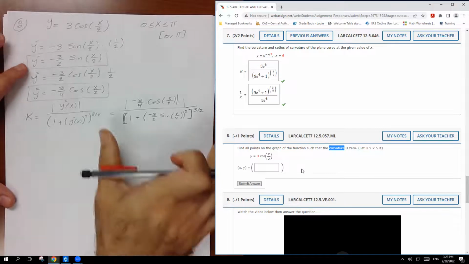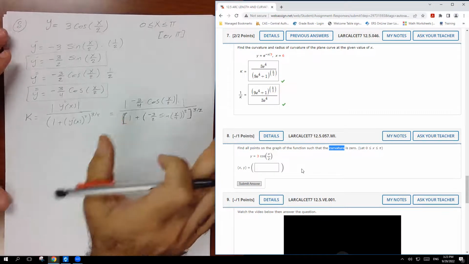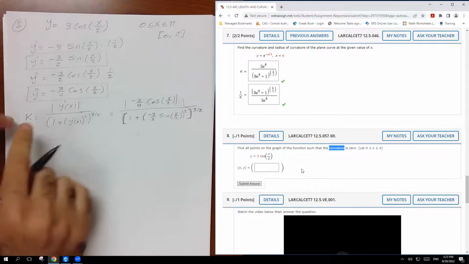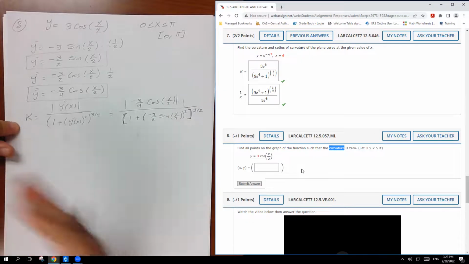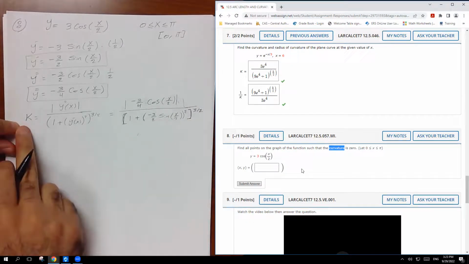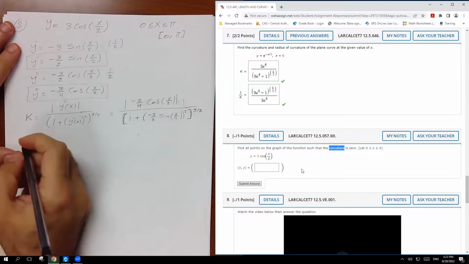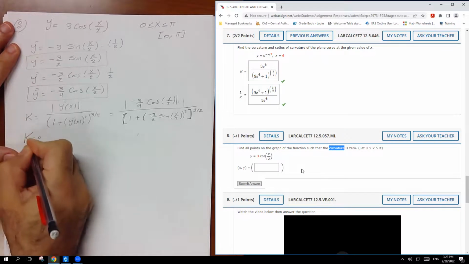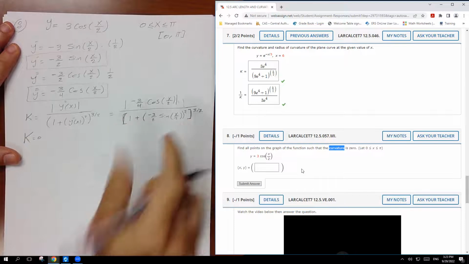Then we just need to simplify this one, or you don't have to simplify it for now because we found the curvature. We just need to find the point when the curvature equals 0, that means capital K equals 0, which is this part going to equal 0.